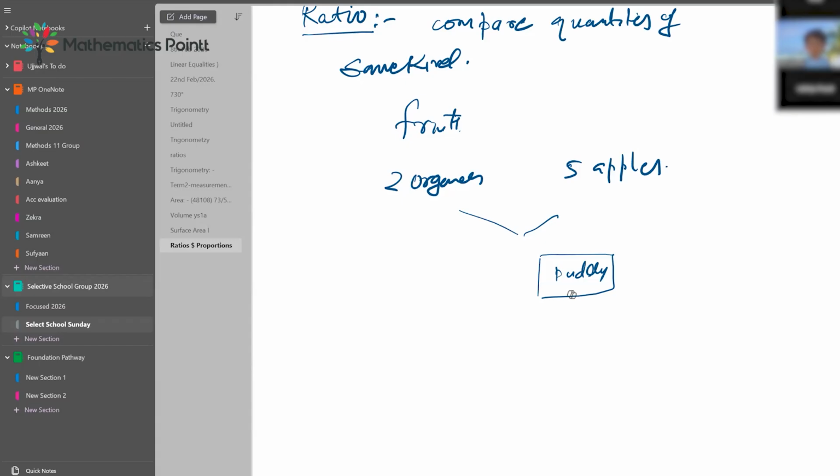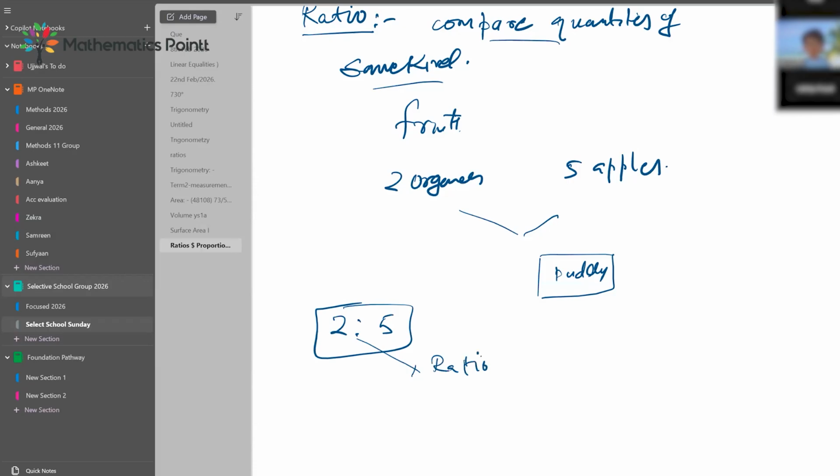So we were talking about ratios. Ratios are used to compare quantities of similar nature, the same kind. Now, if I'm saying I'm using two oranges and five apples to make a pudding, and I ask what is the ratio, I'll say 2:5. This is the symbol of ratio.